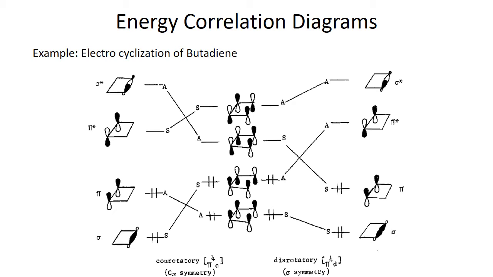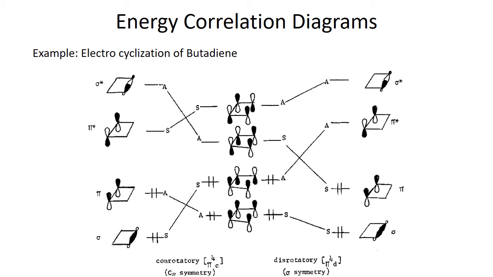But in case of pi star, it is asymmetric with respect to the mirror plane, because you put a plane between these 2 orbitals and they are not mirror images. But when we carry out the C2 symmetry operation on this pi star, you rotate it by 180 degrees and we get the same structure.